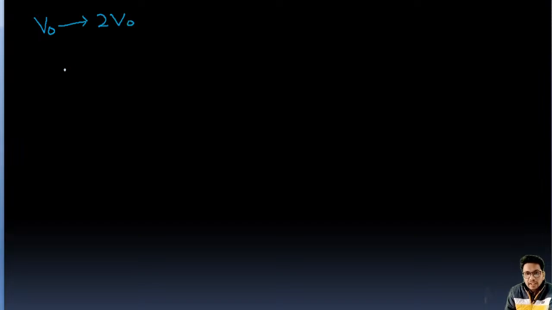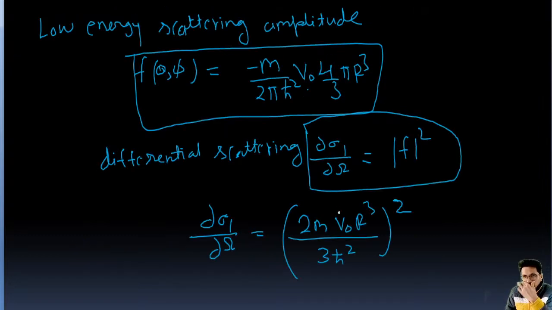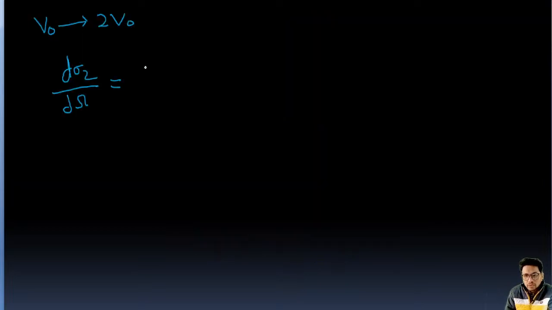In that case, that differential cross section dσ2/dΩ is going to be: in place of V0, we'll write 2V0. So it is going to be (2m·2V0 r³ upon 3ħ²) whole square, r is fixed.